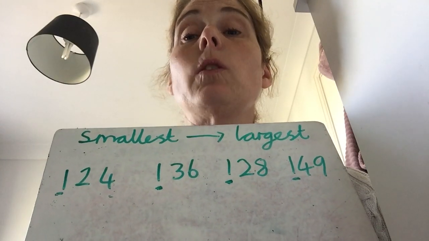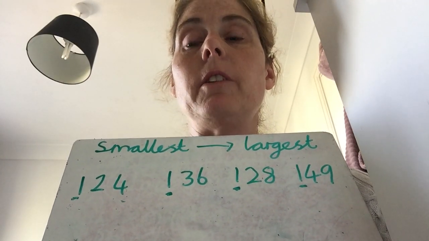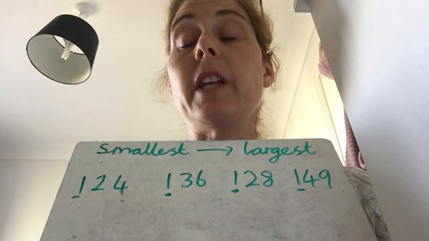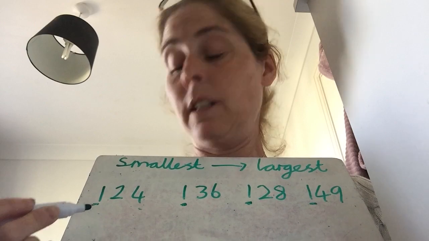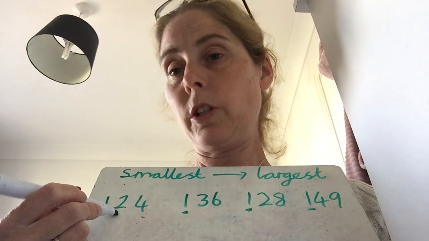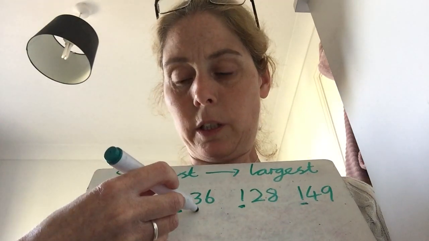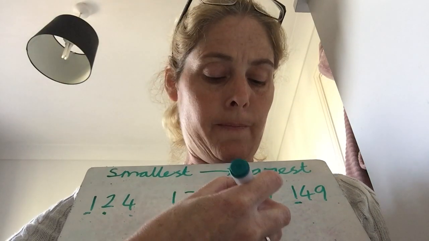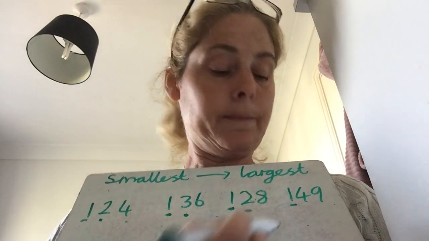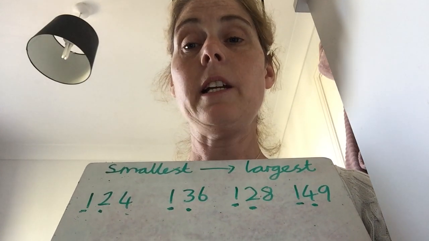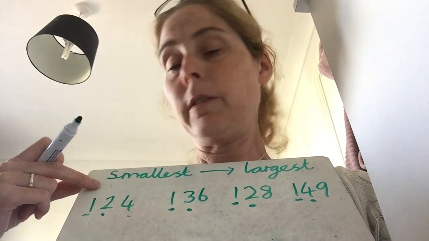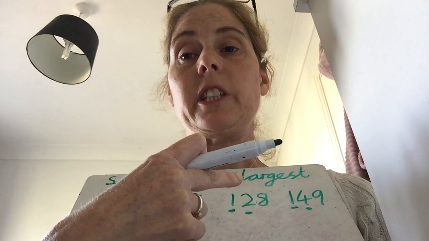No, we can't, because they've all got the same number of hundreds. Okay, so then we need to look at the next number. We need to look at the tens. Okay, so this one's got 2 tens, this one's got 3 tens, this one's got 2 tens, and this one's got 4 tens. Okay, so we are going from the smallest to the largest.